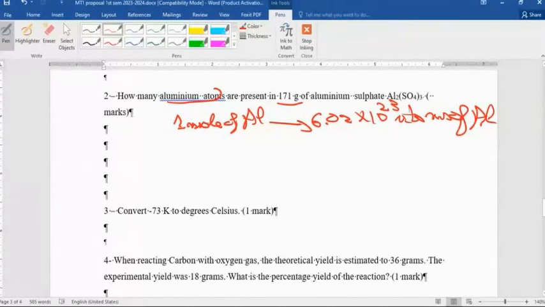So now the question will be, I have to find what? How many moles of aluminum are in 171 grams of aluminum sulfate?